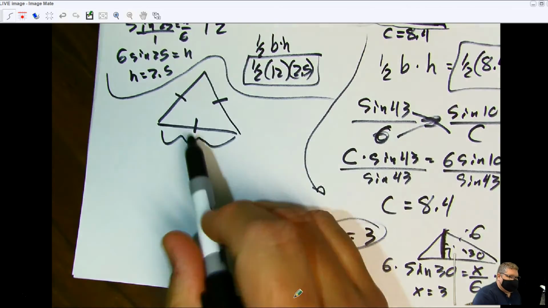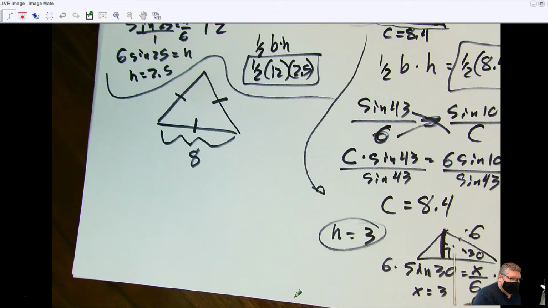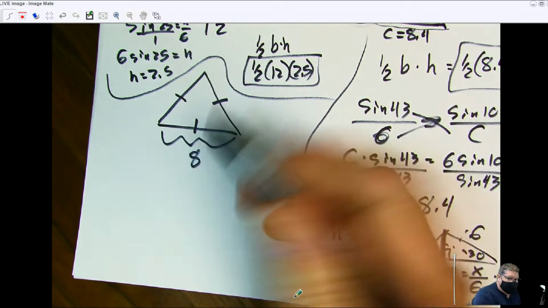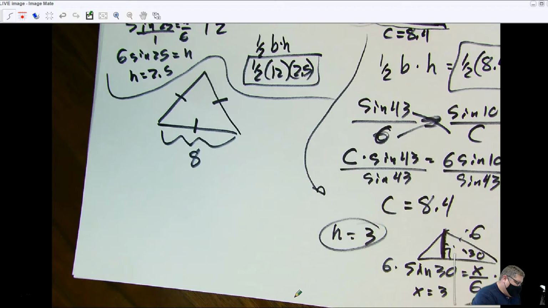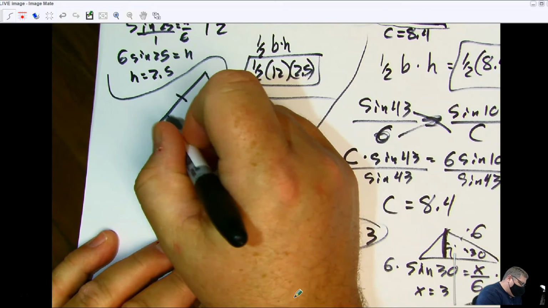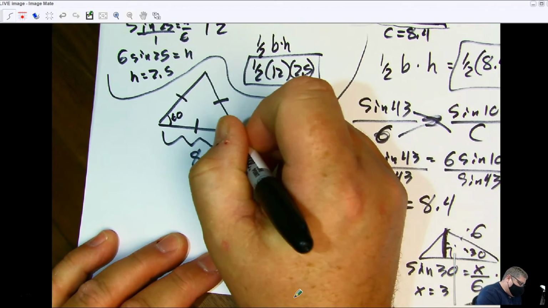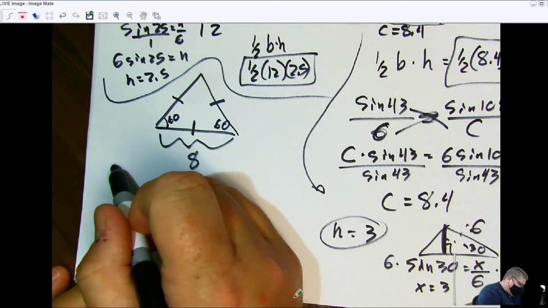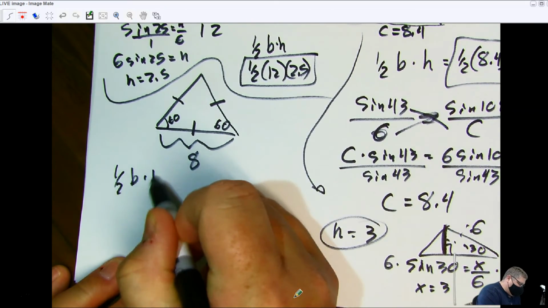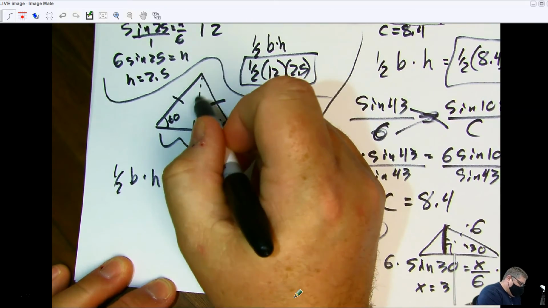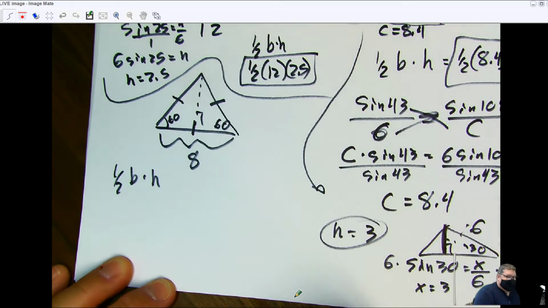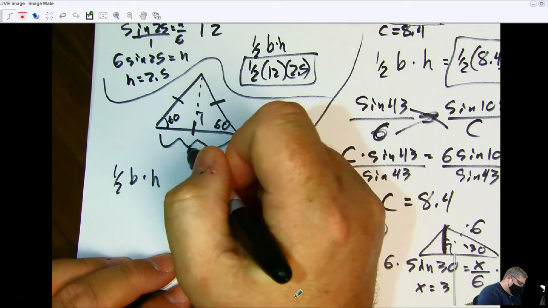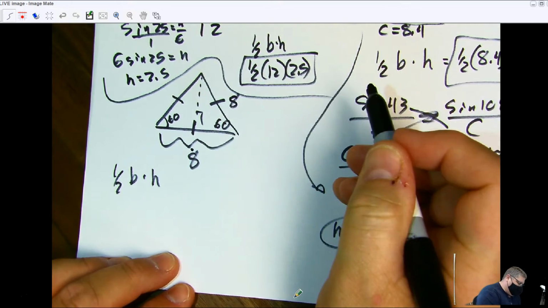Now, let's talk about this guy over here. I don't know a whole lot. I do know that it's what kind of triangle? Equilateral. So I know each of these angles is 60. To find the area, 1/2 base times height, I need this guy right here. Again, if this is 8, this is 8 up here.